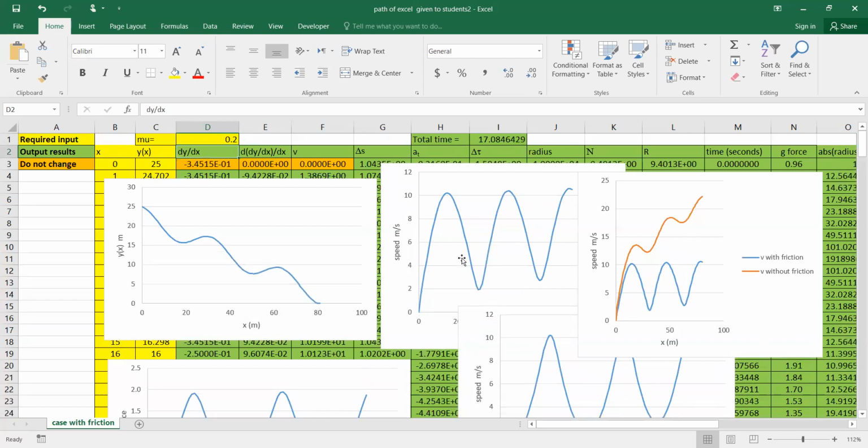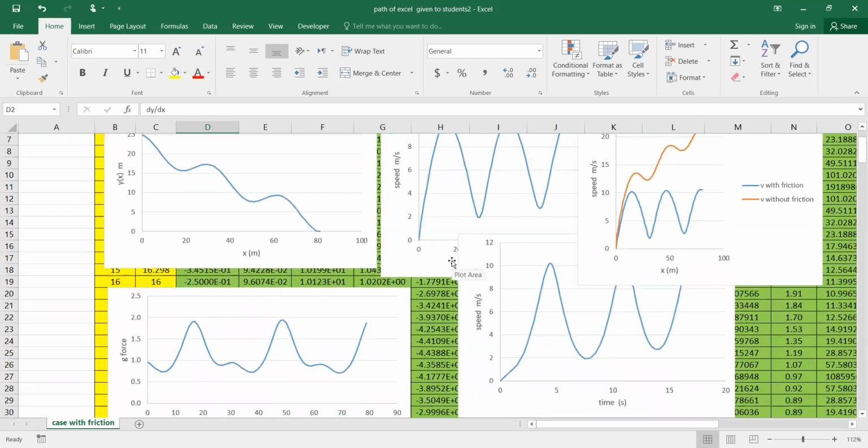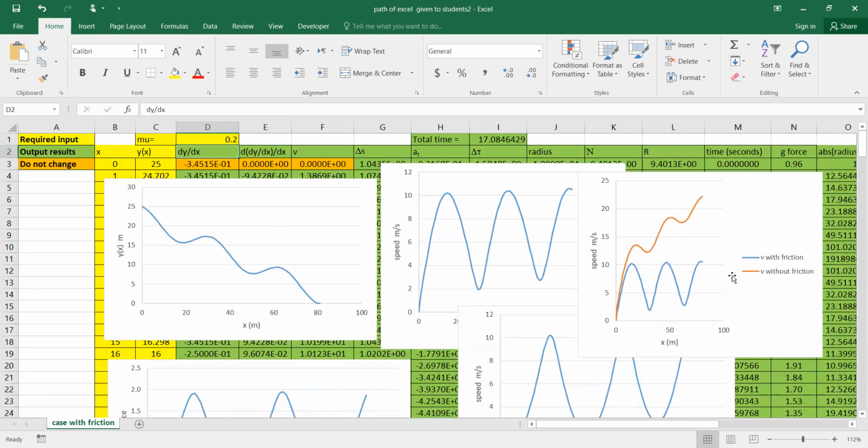The speed will go up and down here, but the maximum speed is 10 somewhere here. And again, with respect to time, the speed level is less. See here, the maximum speed is above 20, but here the maximum is on the order of 10.